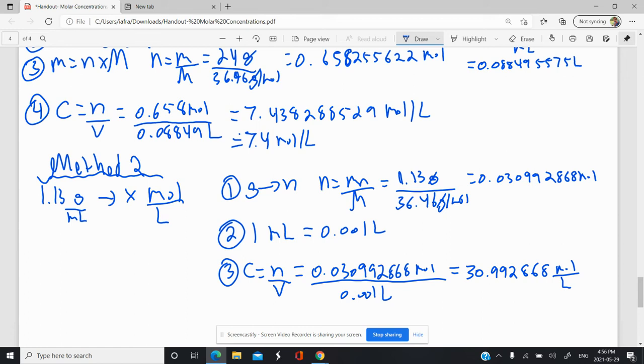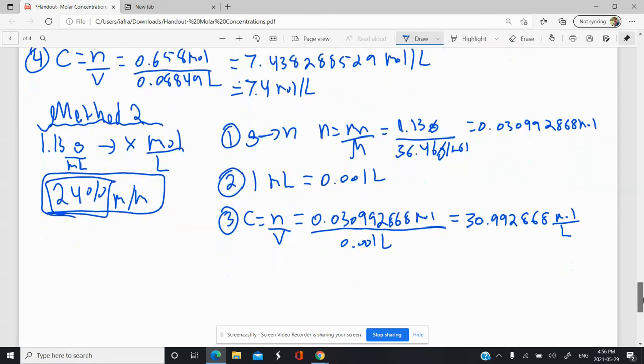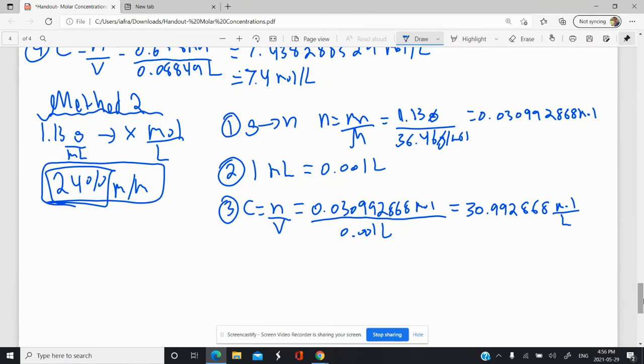Now you'll notice that the answers don't quite match up there. That's because, remember, this is a 24% mass solution. So our final step could simply be to multiply this by 24%.